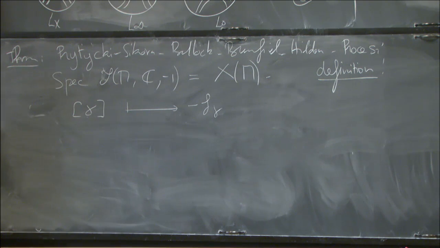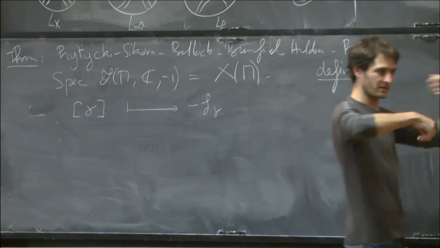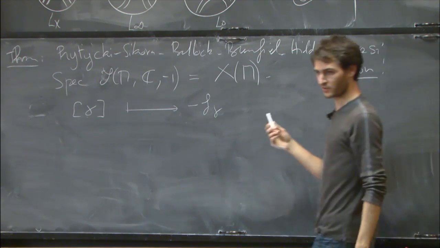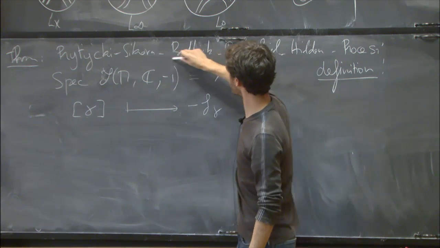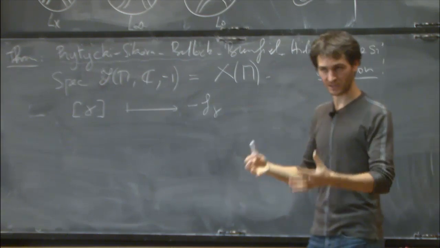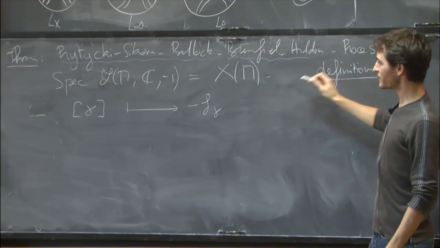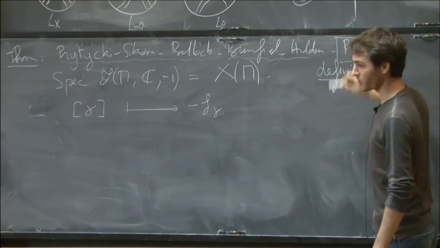Here the banding is not important. And a comment: all these people proved this in different papers, and it's a complicated story to understand who understood what. But these three people understood that the module was indeed the same as something which was already studied. But finally, if you really want to see the proof of this fact, it's here and only here.